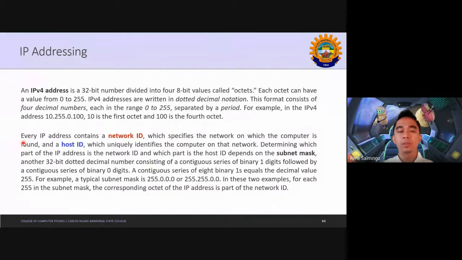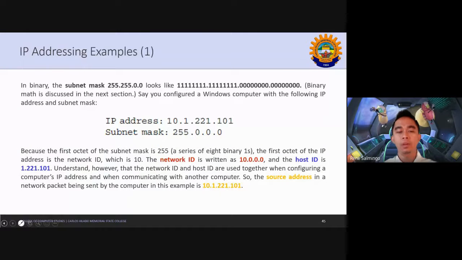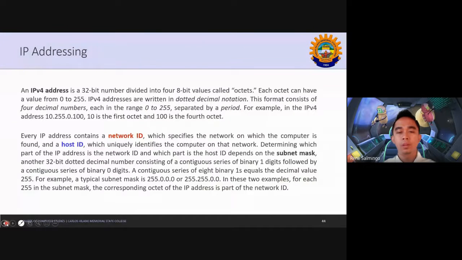Now, in this lecture, you will try to identify what is the network ID and what is the host ID. This is very important in order for you to be able to check which would be the network ID, and also with this you could identify the subnet mask.